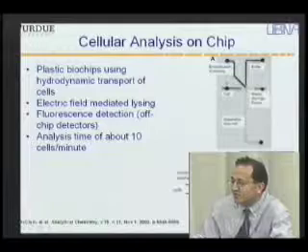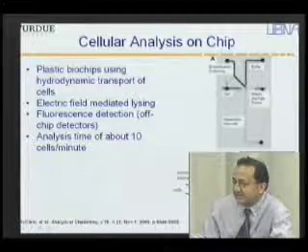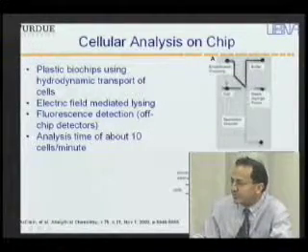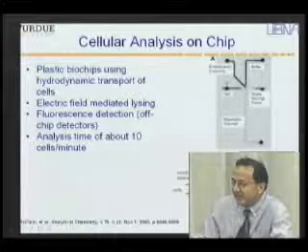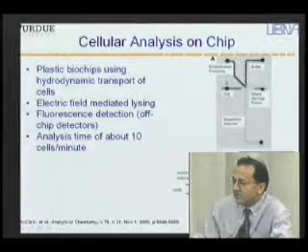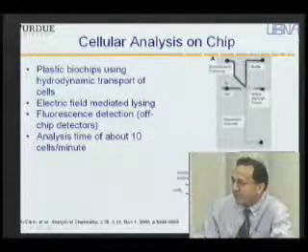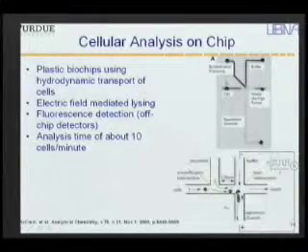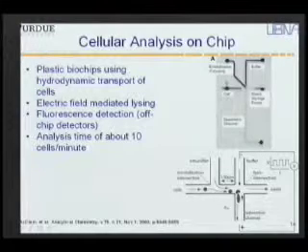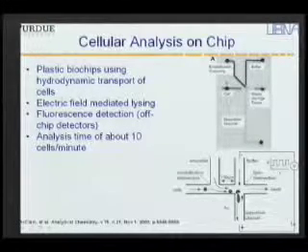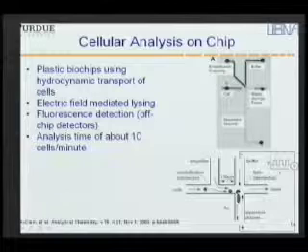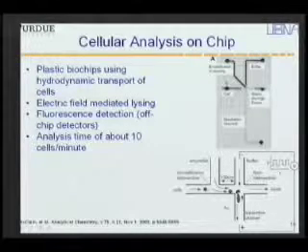Once you bring cells into a certain region, they use electrodes to do lysing of the cell. So they did electric field mediated lysing of the cell, and once the cells were lysed and the products of the cell were released, they introduced fluorescent labels, and then they had off-chip fluorescence detectors to detect the presence of specific proteins from those cells.